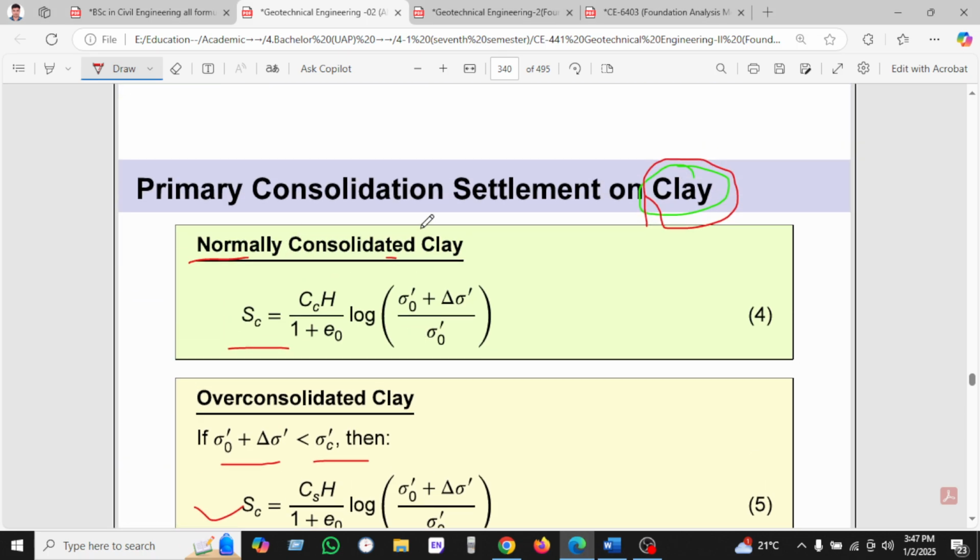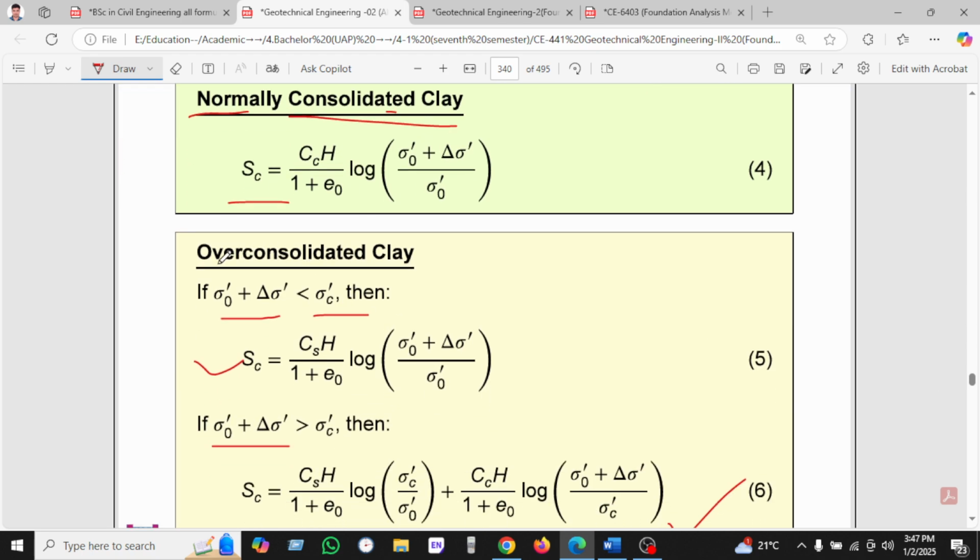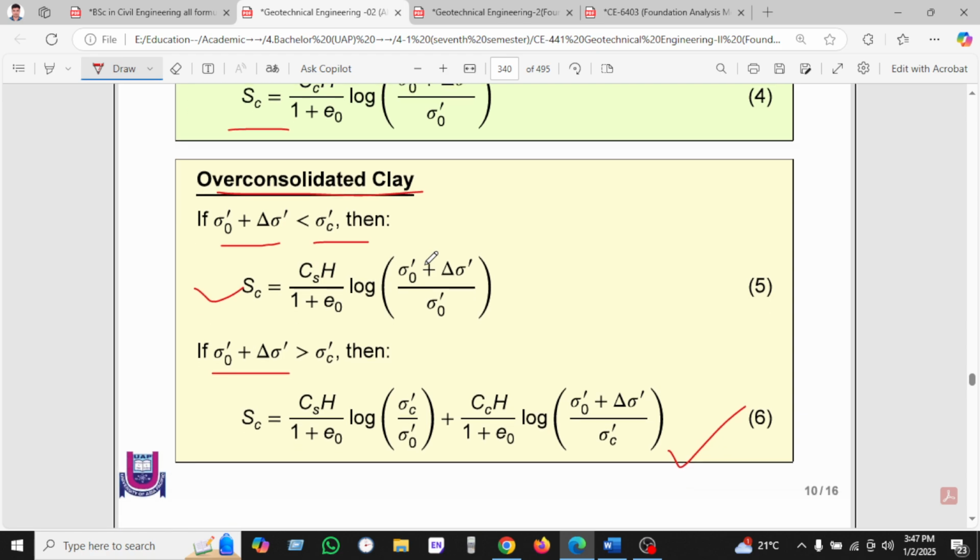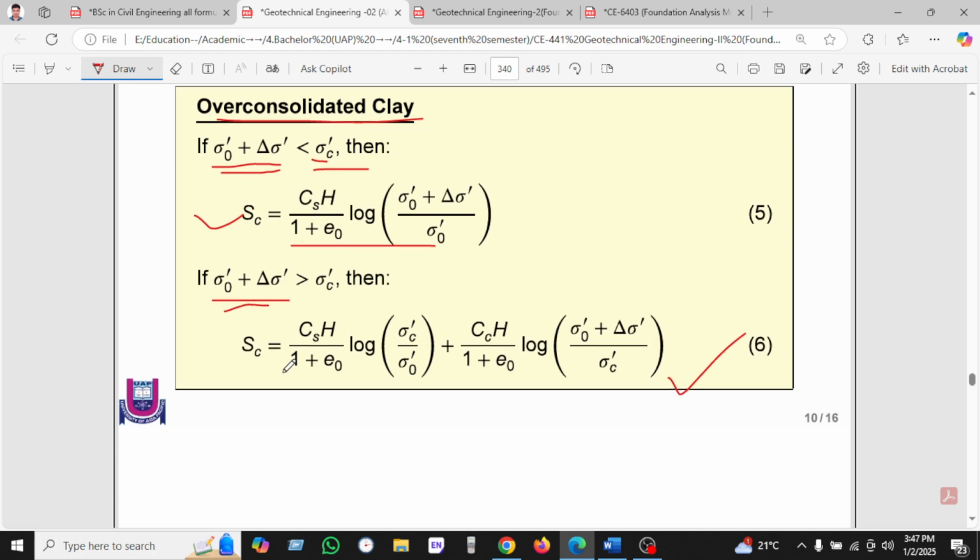Now we'll see the primary consolidation. The normal consolidation formula is given here with sigma naught. When it is over consolidated clay, then we'll use this one: when sigma naught plus delta sigma is less than the pre-consolidation pressure, then we will use this. When sigma naught plus delta sigma is greater than the pre-consolidation pressure, then we will use this.